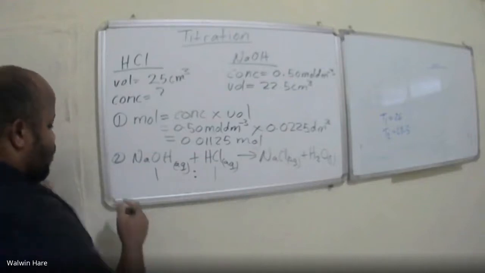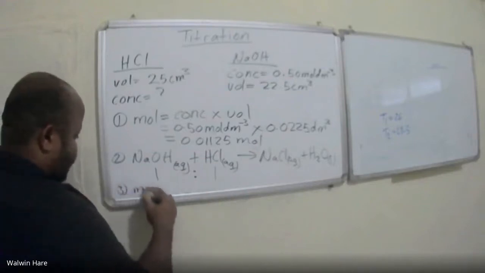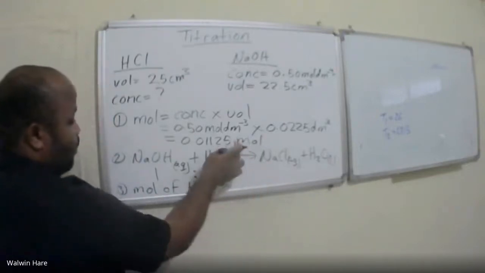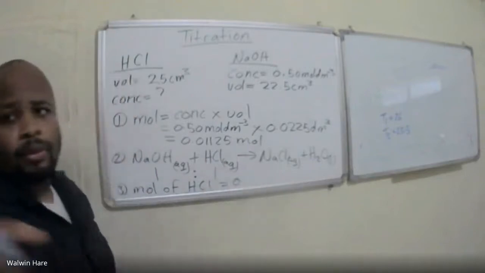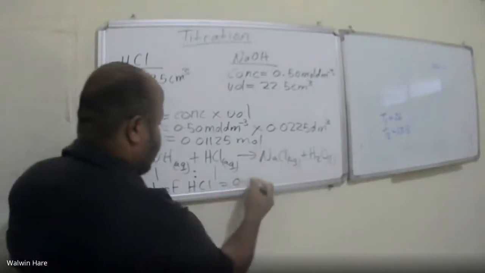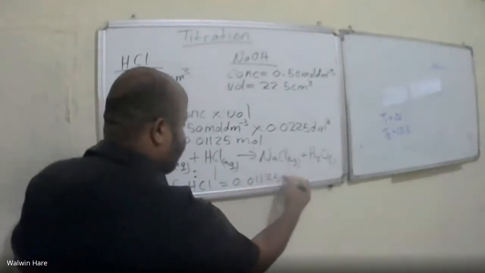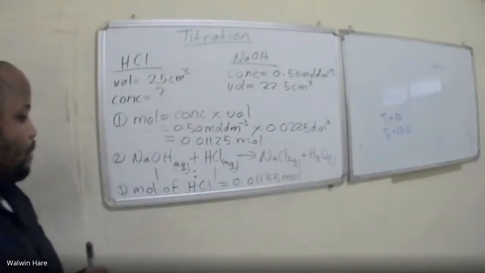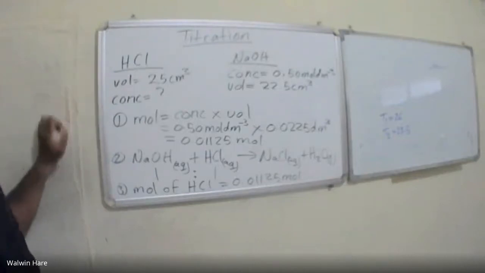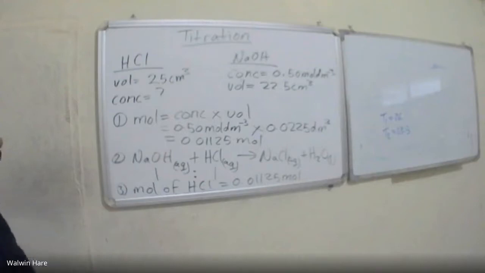So therefore, the mole of HCl is equal to 0.01125 moles. You can take off this and then we will finish off the calculations. And again, if you have any question, you can ask.